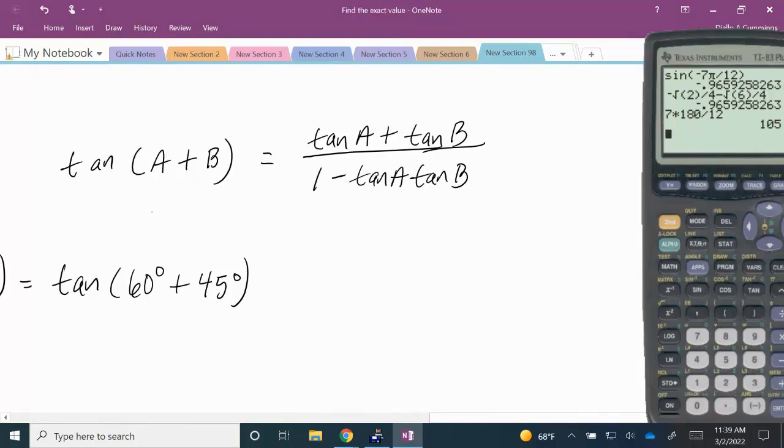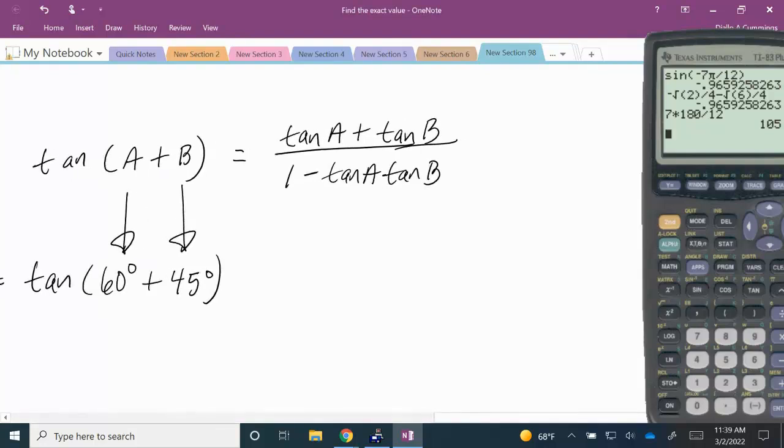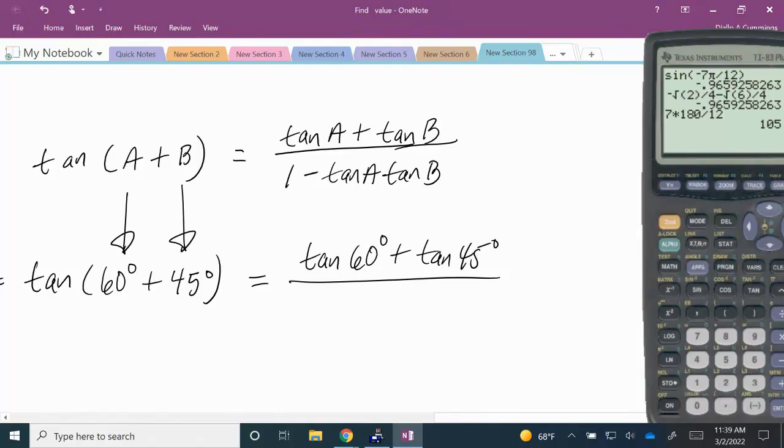Right, so in this formula, we're going to substitute A for 60 and B for 45. All right, so this is equal to the tangent of 60 degrees plus the tangent of 45 degrees divided by 1 minus tangent of 60 degrees times the tangent of 45 degrees.